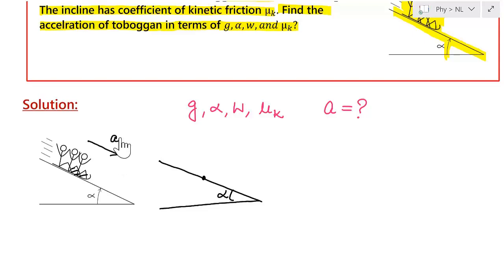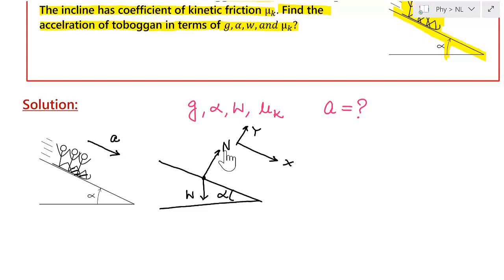Acceleration is a. Let us assume this direction is my positive x-axis and this is my positive y-axis, that is perpendicular to the inclined plane. So the first force that is acting, that is weight of toboggan, that is W. And there is a normal reaction that will come, and this has value N.